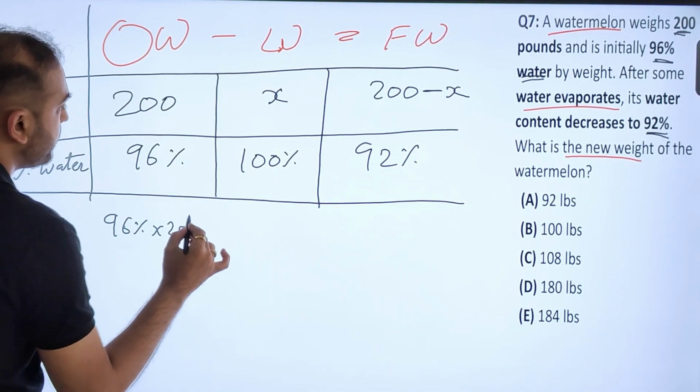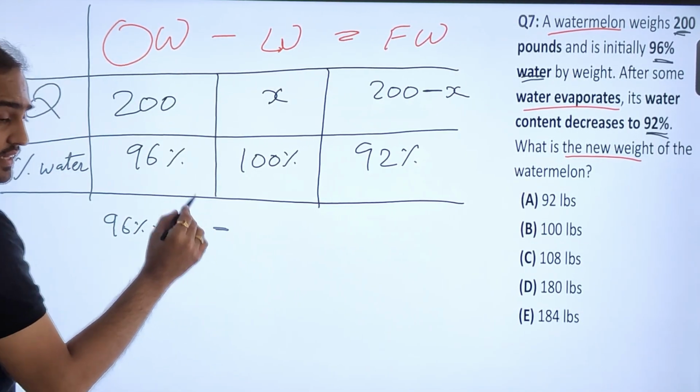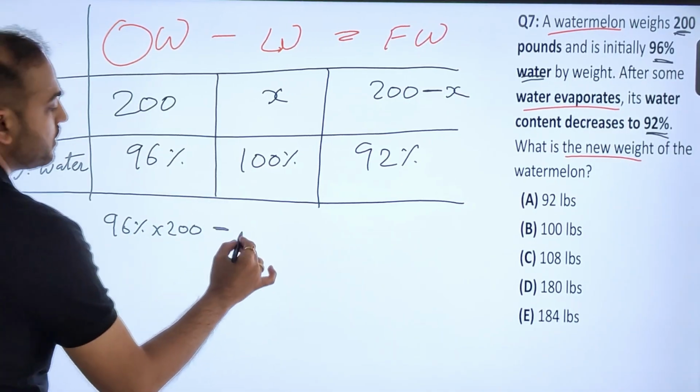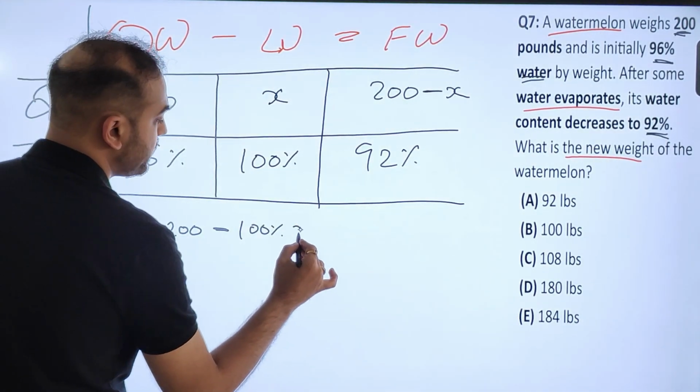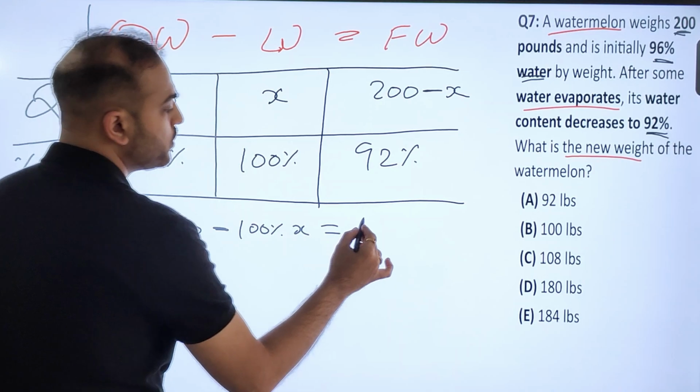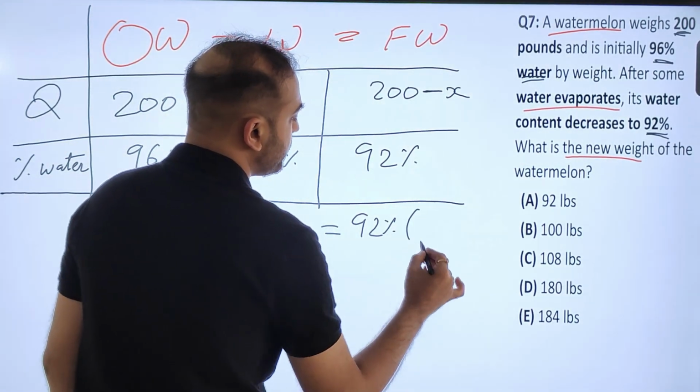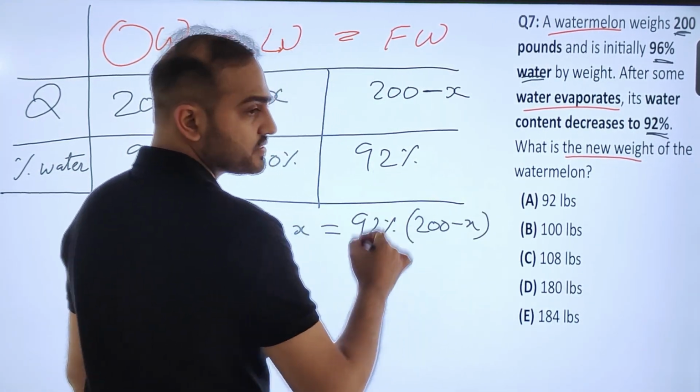96% times 200 minus, see again this minus is super important, 100% times x is equal to 92% times 200 minus x.